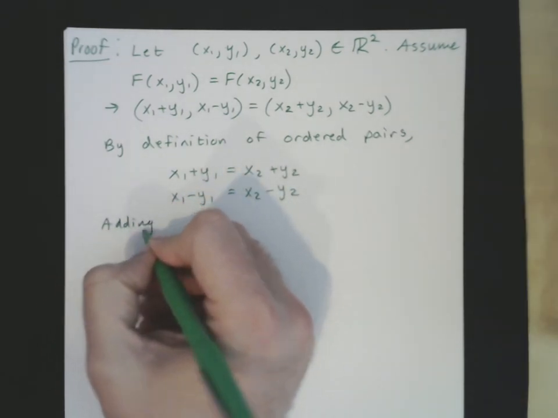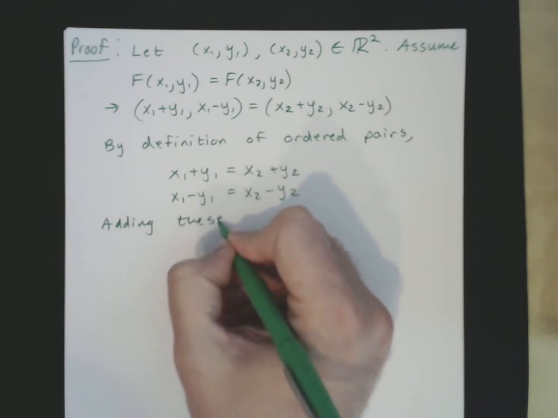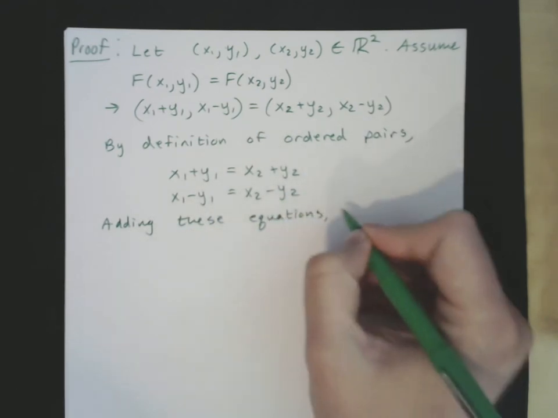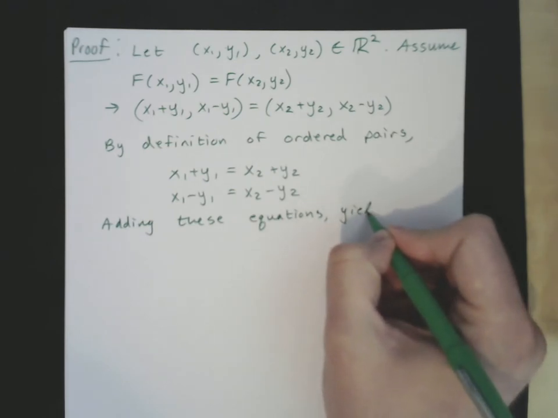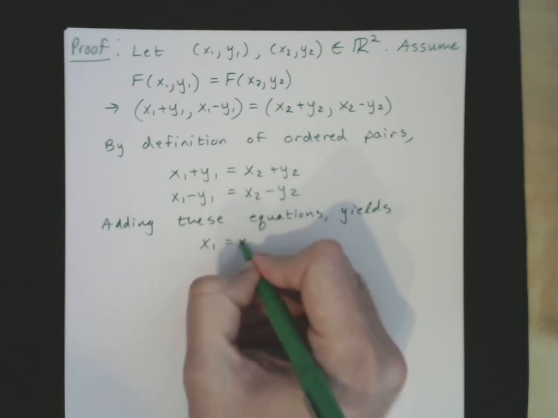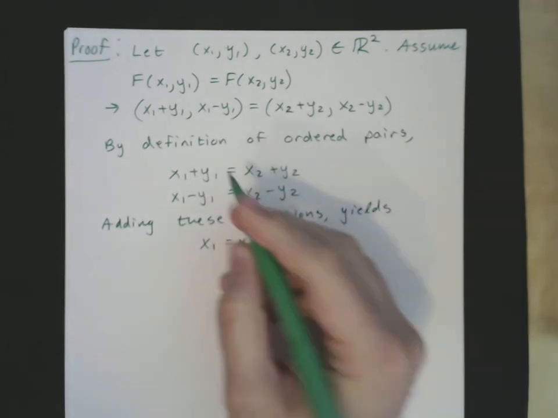Adding these equations yields that x1 equals x2, because the y's will cancel.